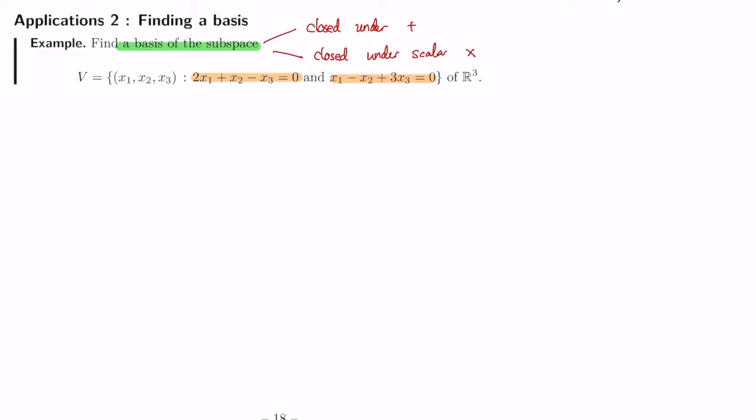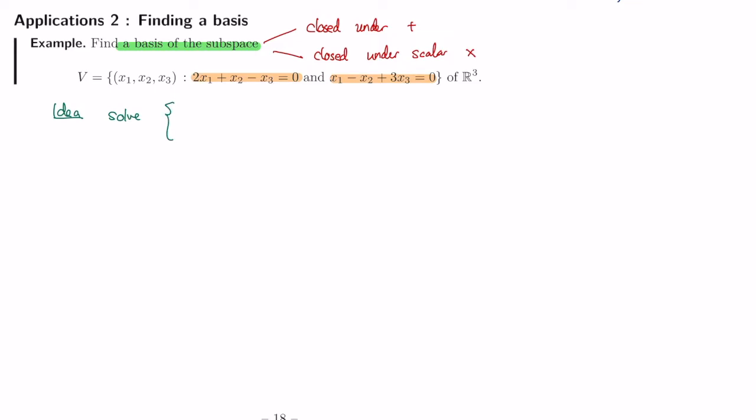So how do we find a basis of this subspace? So what's the idea? The idea is actually very simple, because you want the coordinates of the factors that you're interested in to satisfy this pair of equations. So let us solve this pair of equations together.